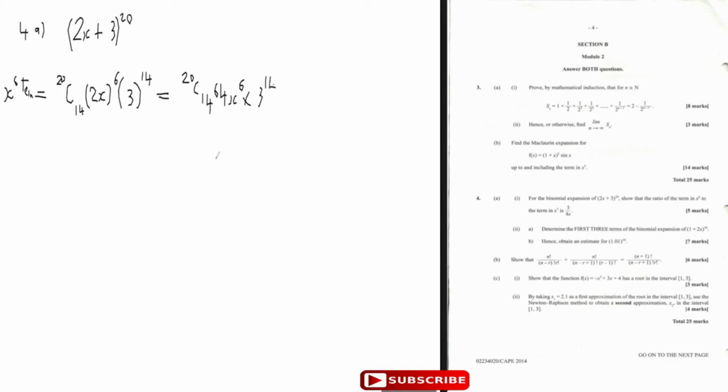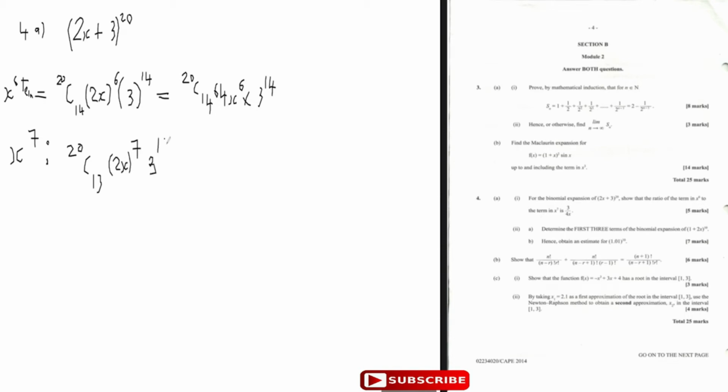All right, then I need the x to the 7th term. The x to the 7th term is going to be 20 choose 13 times 2x to the 7th power times 3 to the 13.